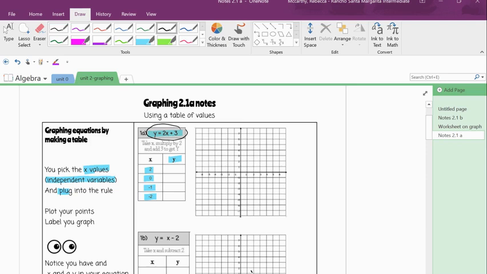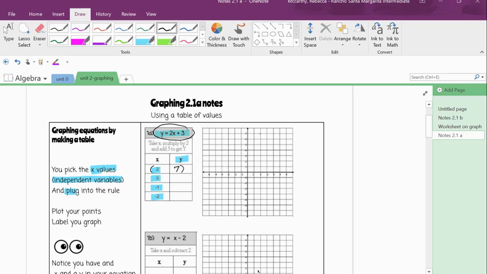So 2 times 2 is 4, plus 3 is 7. Now these are my coordinates. So then I would go over here and plot 2, 7. So then that would be here. That's right. 2, 7.